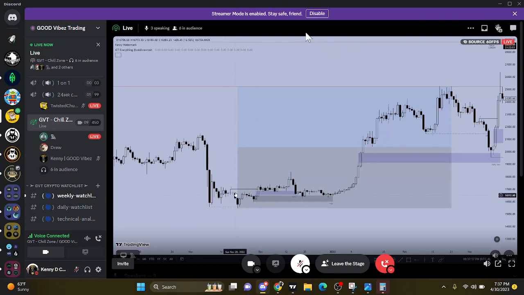Okay. Remember, this structure is bullish. So just because there's a fair value gap doesn't mean that is going to be what's going to bring it to higher prices. You can come down all the way to the last candle, or you can even come down to there, or down to here.